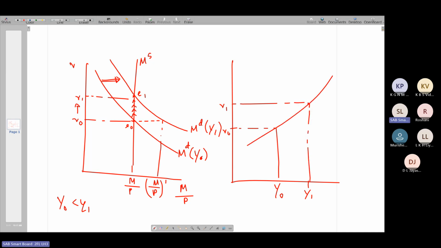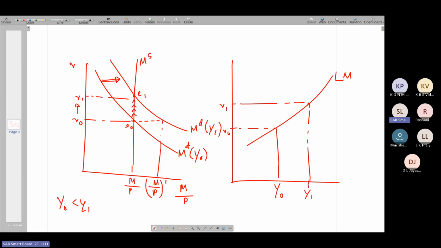By combining those points, we can derive the LM curve. It shows the equilibrium in the money market. So based on the money market equilibrium, we can derive the LM curve.